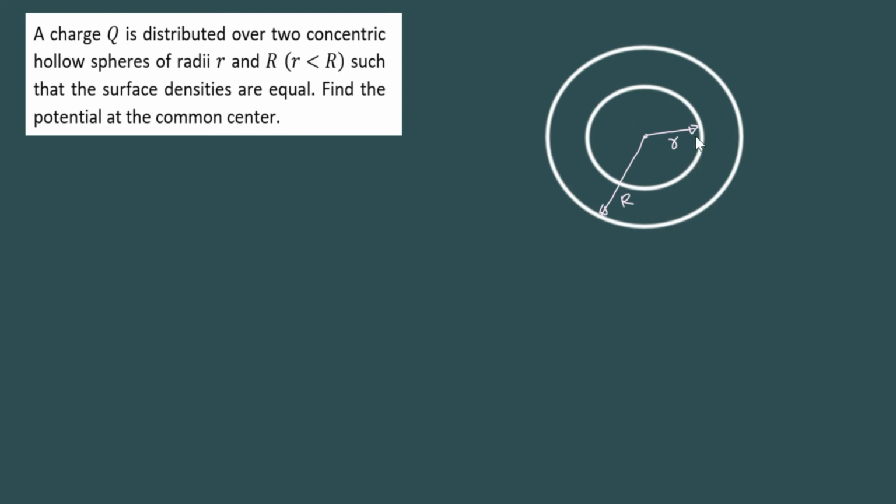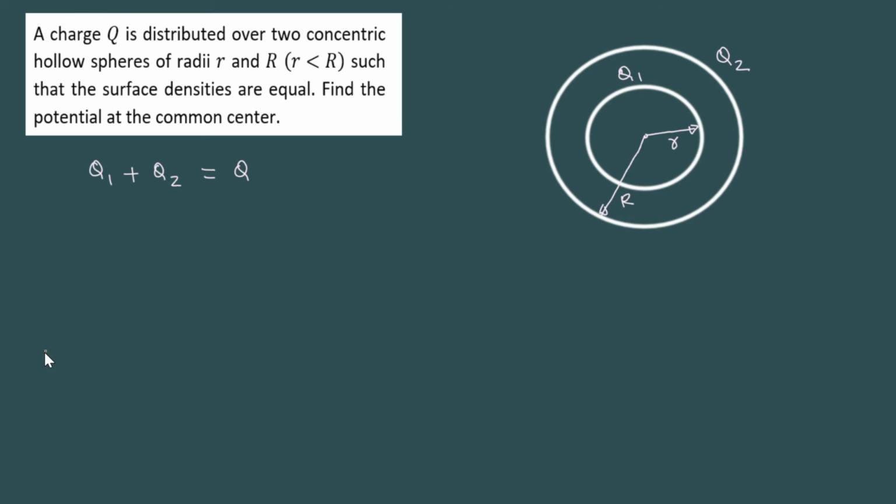The distribution is assumed uniform on each shell. Let's say the charge on the inner shell is Q1, the charge on the outer shell is Q2. So Q1 plus Q2 is Q.